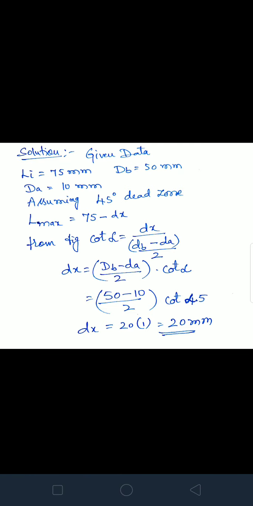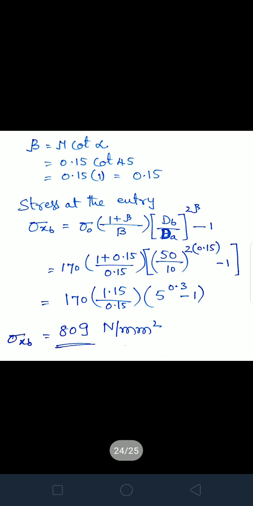From the figure, cot alpha is equal to dx divided by (db minus da) by 2, where dx is equal to (db minus da) by 2 into cot alpha. Substituting the values, 50 minus 10 divided by 2 into cot 45. Therefore dx is equal to 20 into 1, since cot 45 is 1, so you will get 20 mm dx.